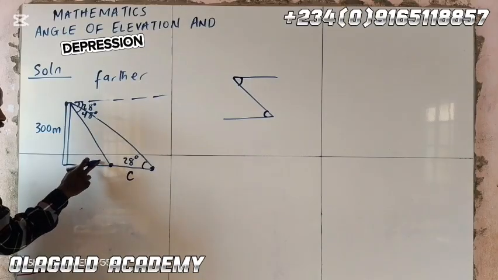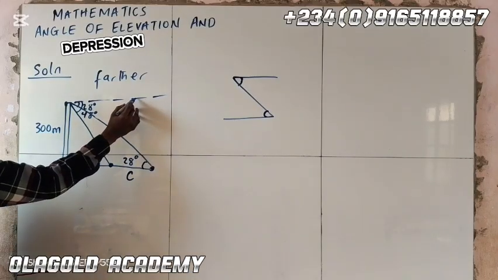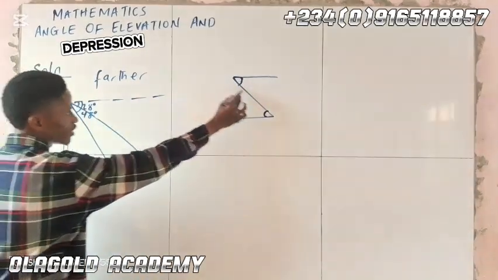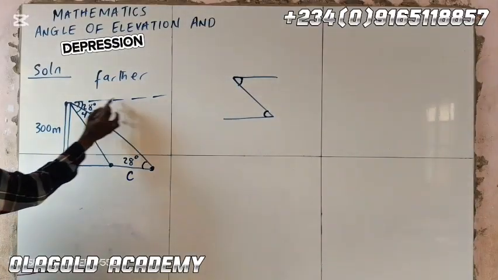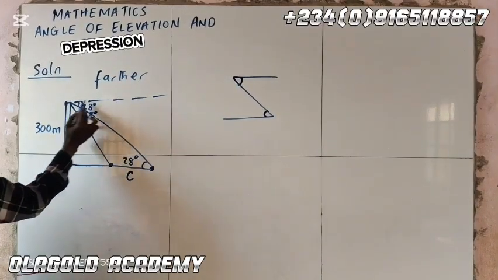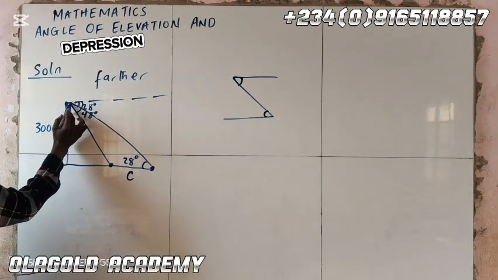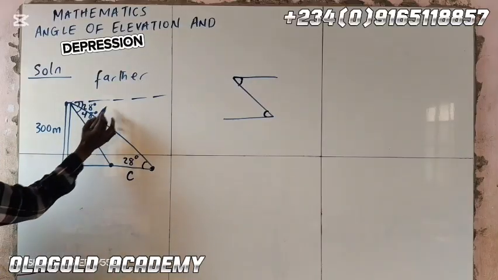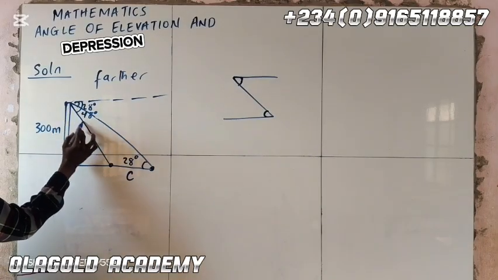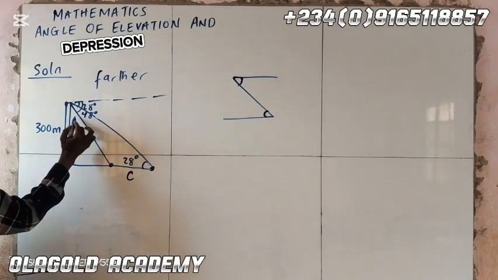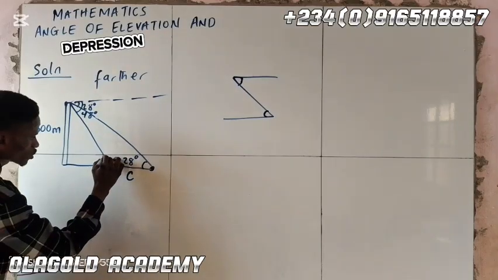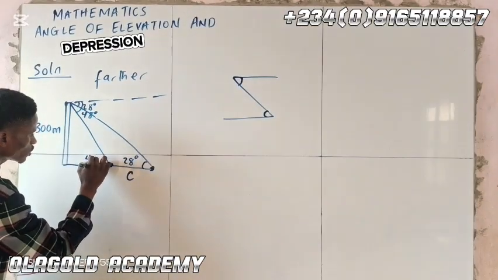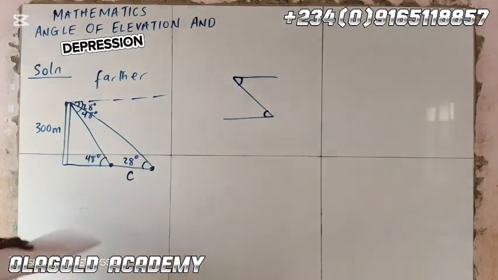What is this angle now? This line here is like this. So if there's 48, here to be what? 48 degrees.